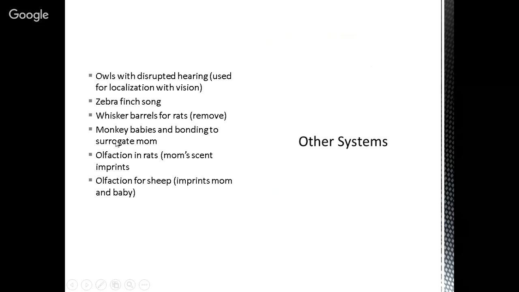Monkey babies with the bonding to surrogate mom is another example. One of the experiments was to try to bond the monkeys to particular types of surrogate moms. One was very raw, metallic, with some chicken wire around it.